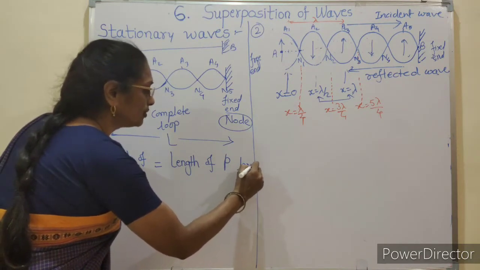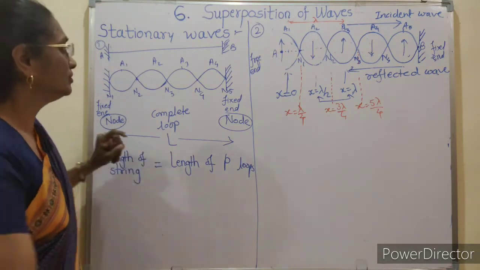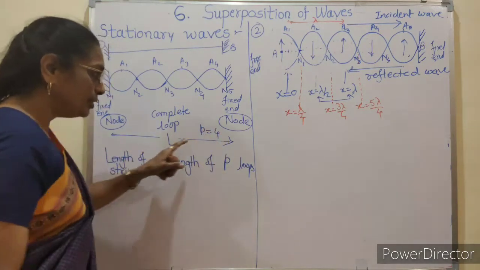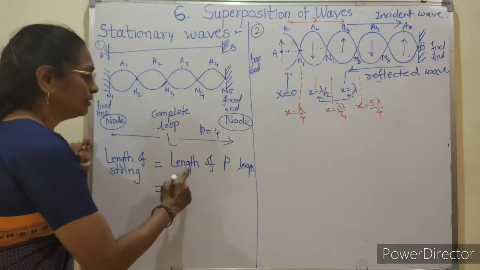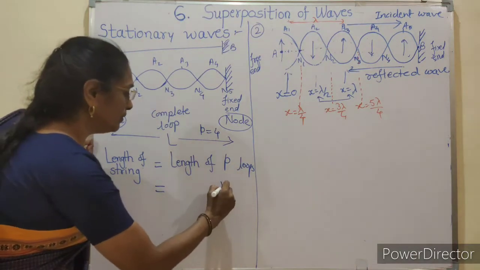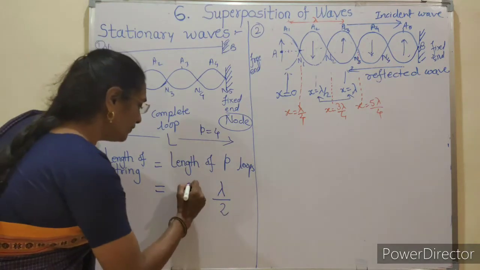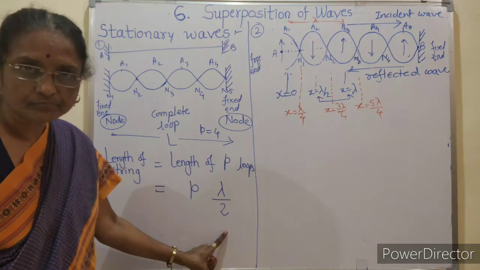We denote number of loops by letter P. So here P is equal to 4. P denotes the number of loops, and we know that for one loop the length of one loop is lambda by 2. Therefore length of P loops is P into lambda by 2.